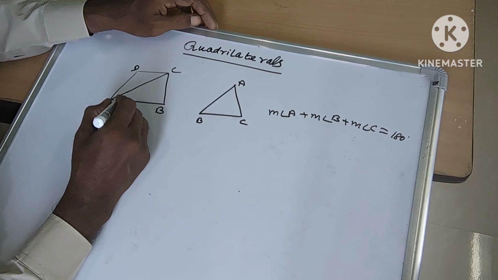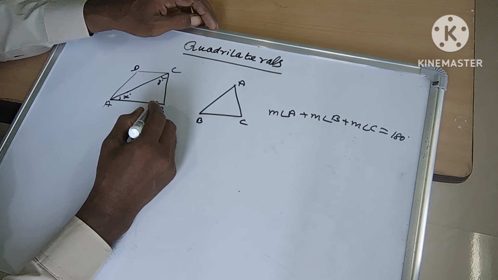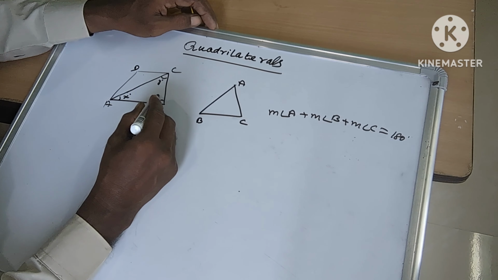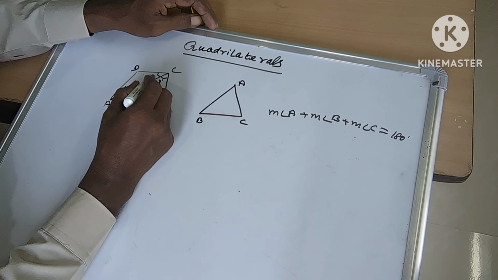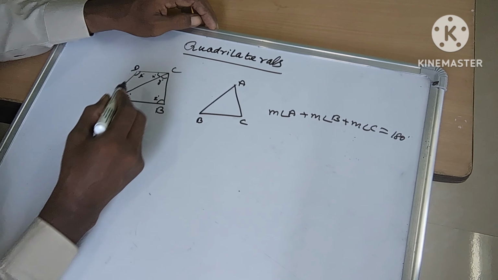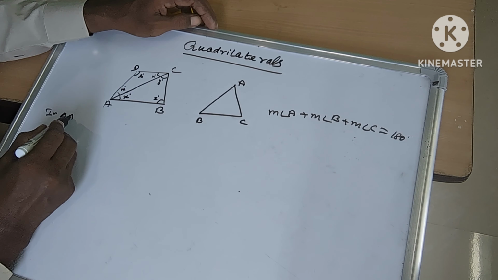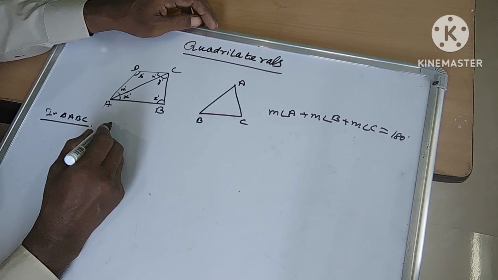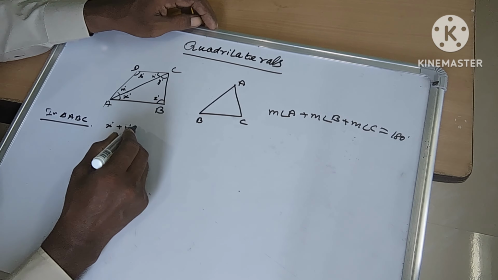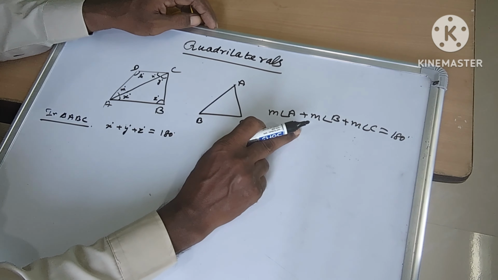Now we take this as X, this is Y, this is Z, this is M, this is N, this is L. So now in triangle ABC, X plus Y plus Z is 180 because of this result.